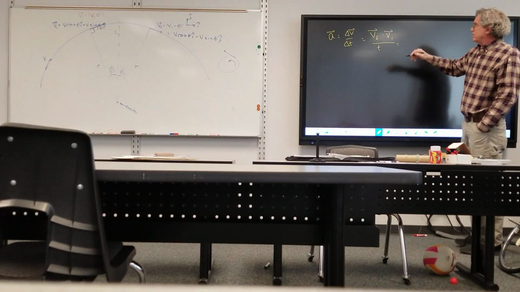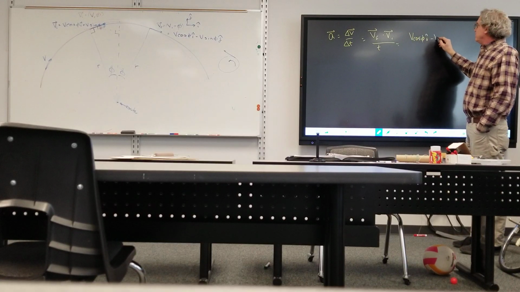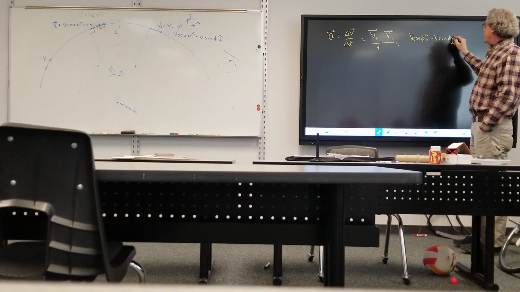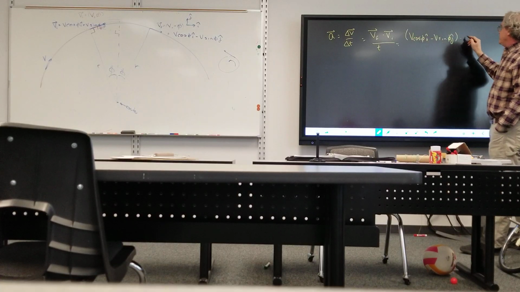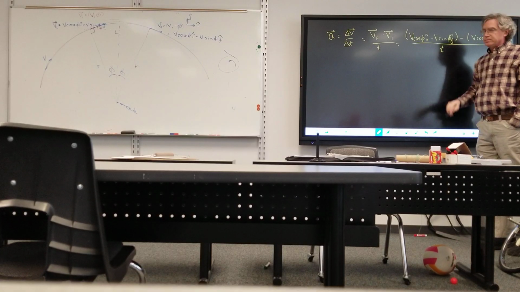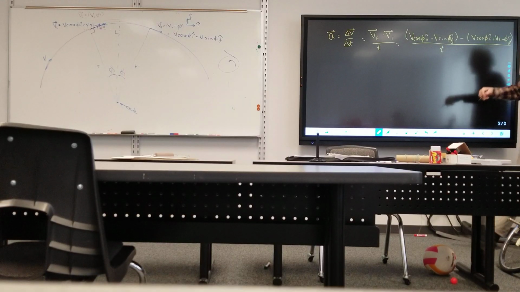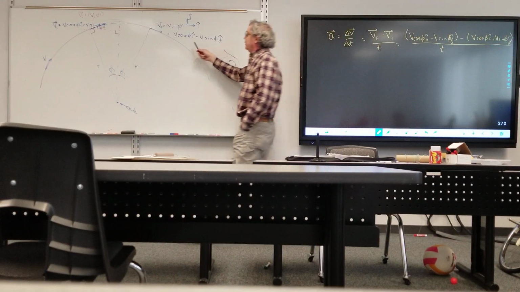I have in rectangular form, this is v cosine phi I hat minus v sine phi j hat, minus my initial velocity, which is very similar, v cosine phi I hat plus v sine phi j hat, over the amount of time it took. So all I'm doing is just plugging in our rectangular forms for the final velocity and the initial velocity.